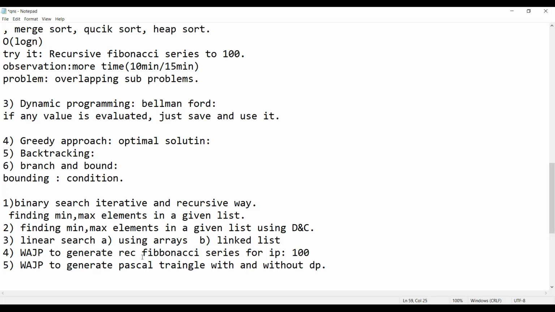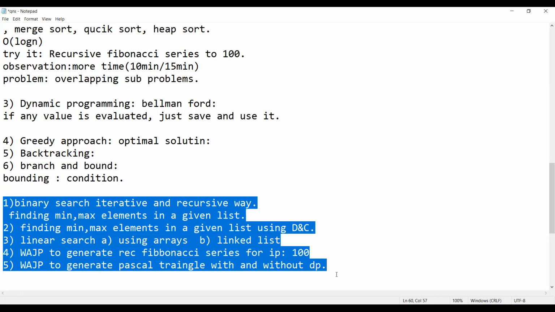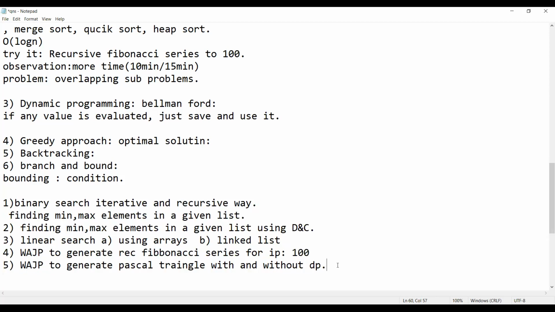Then the Fibonacci sequence, recursive Fibonacci sequence generation up to the given number 1000. Make your observations. Next, write a Pascal triangle program, then make one observation. By using that observation, you will try to address the problem of dynamic programming, right? So these are the basic problems I am asking you to implement. In this week, please try to implement these programs.